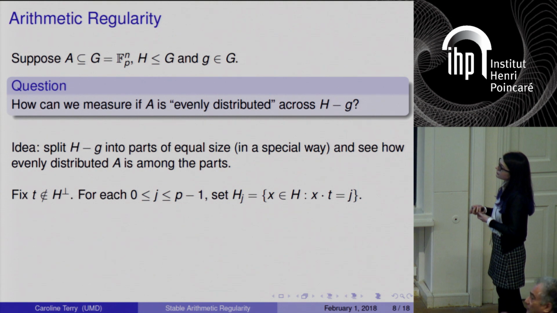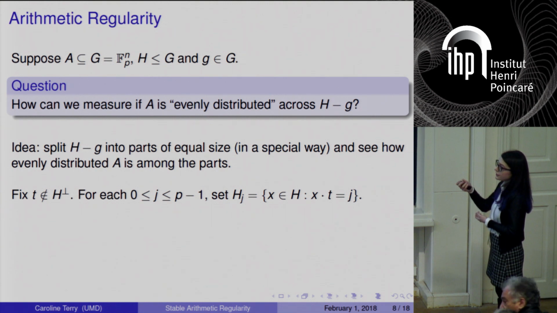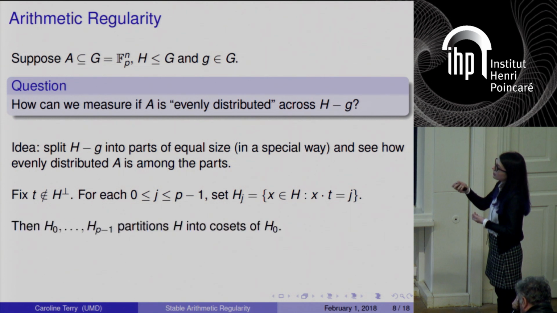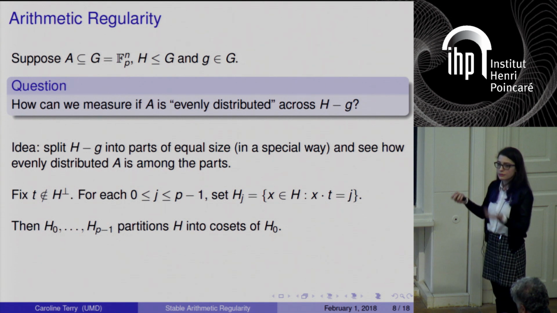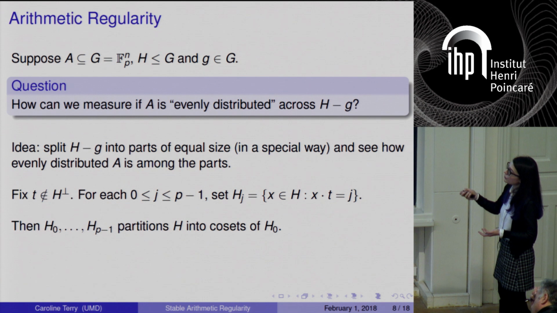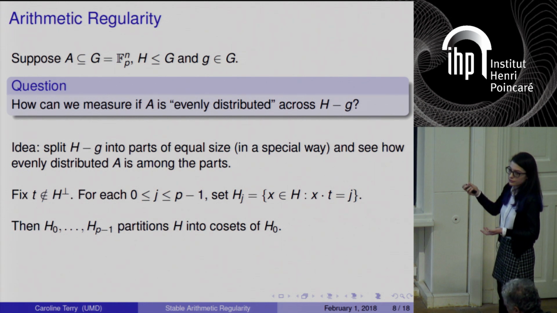And then notice, if I define for each j between 0 and p minus 1, H_j to be the set of x in H whose dot product with t is equal to j, then this gives me a partition of H. So in particular, if I do j equals 0, this is the set of things whose dot product with t is 0, and that's a subgroup of H. And then the other H_j's form the coset partition generated by that subgroup.